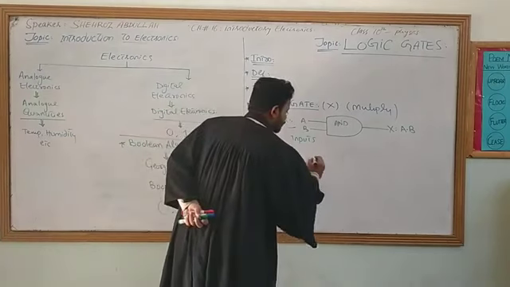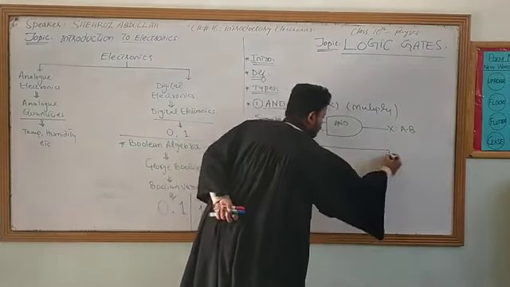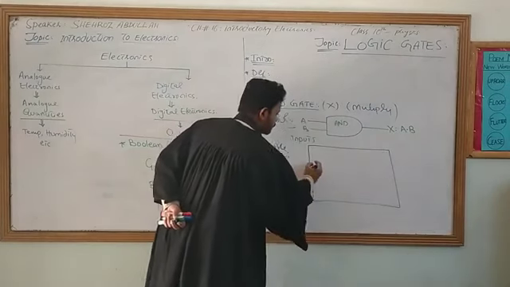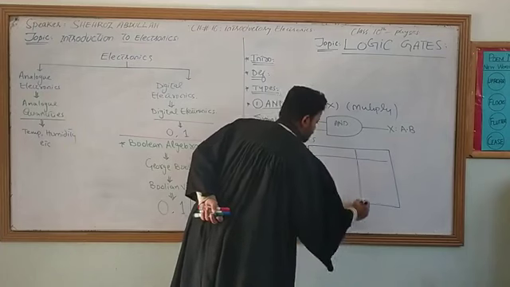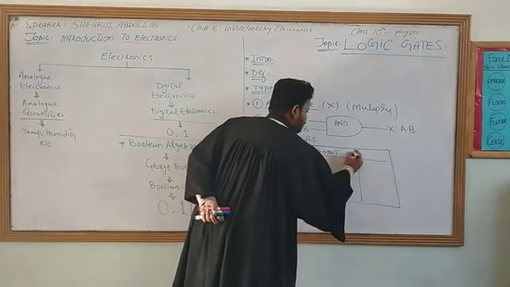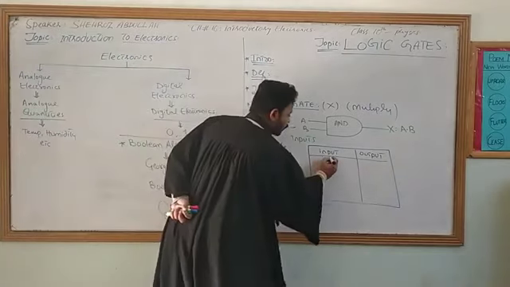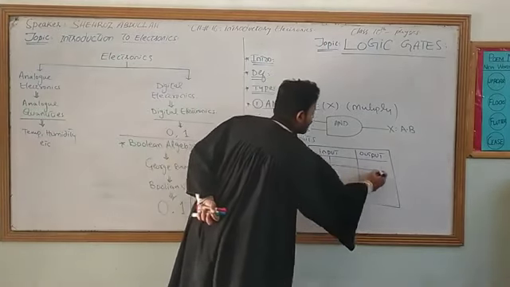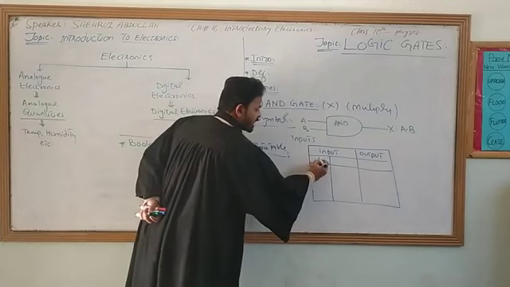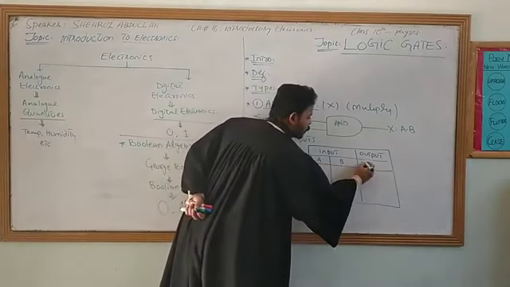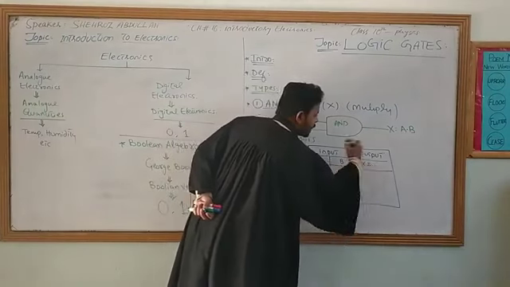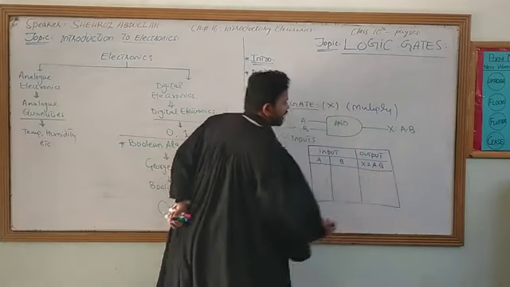We can write it like this. This is input and that is output. We are providing inputs in the form of A and B. This is A, this is B, and the output is C, but this will give you the multiplied form.